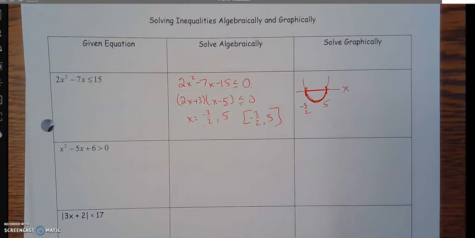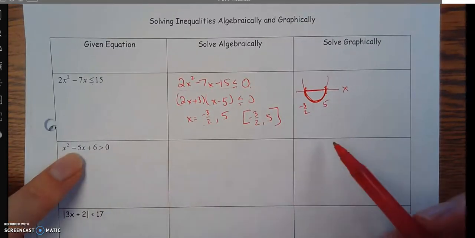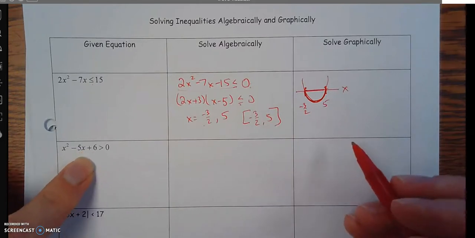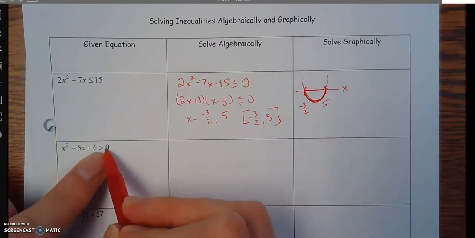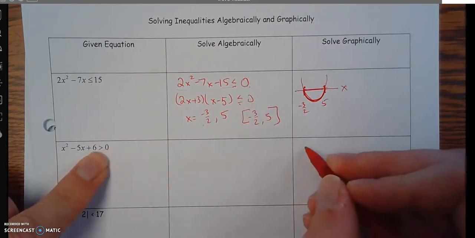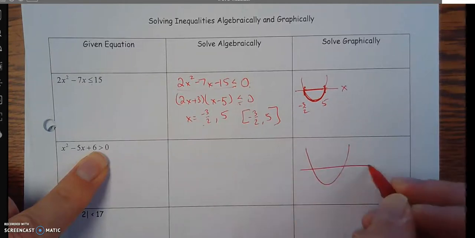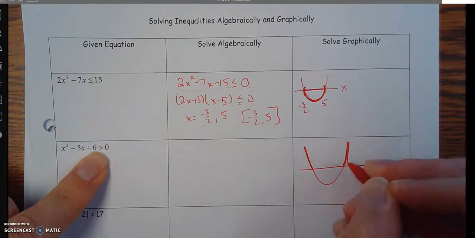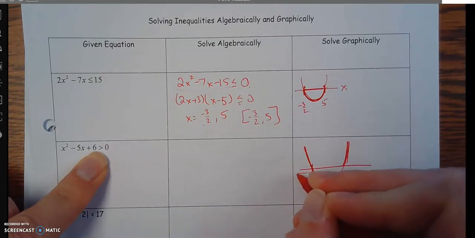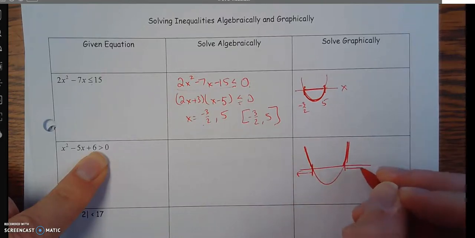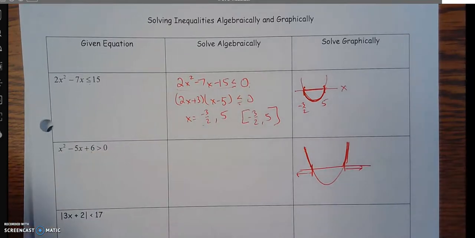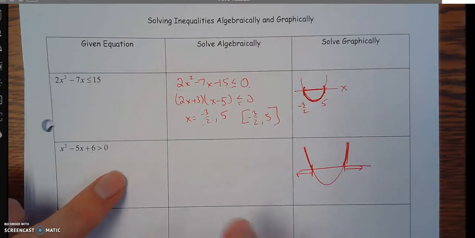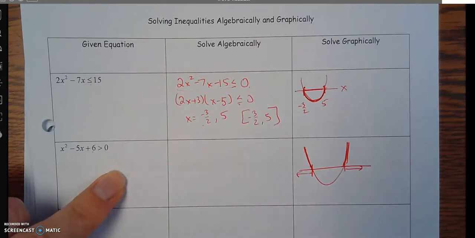Okay, now on this one, again, graphically, you can put it in the calculator. It is a U shape, and it wants to know when it's greater than 0. So I'm going to have this U shape. I want to know when it's greater than 0. There are going to be two intervals where it's greater than 0. So I went from this x value going that way and this x value going that way. I could graph it, look for zeros, or algebraically I could find those zeros also.